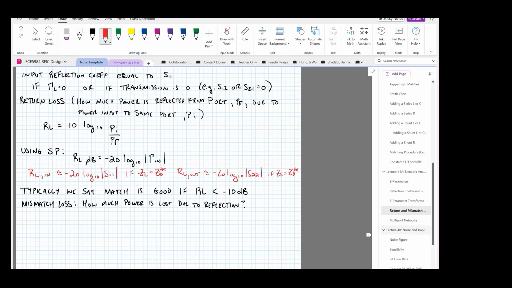Typically, we consider an impedance match to be good if the return loss is less than minus 10 dBs. This corresponds to something like 0.316 in the linear domain, or 2-to-1 VSWR.